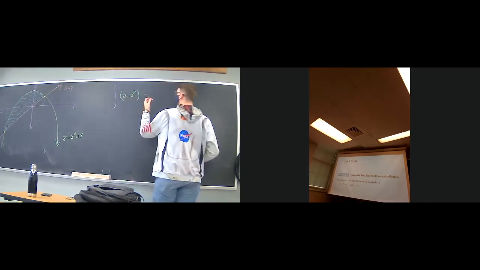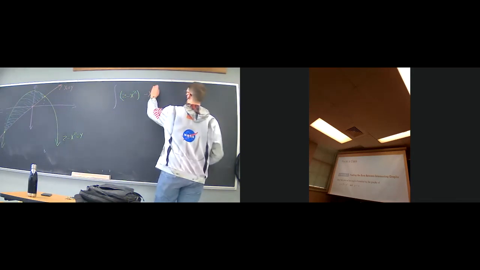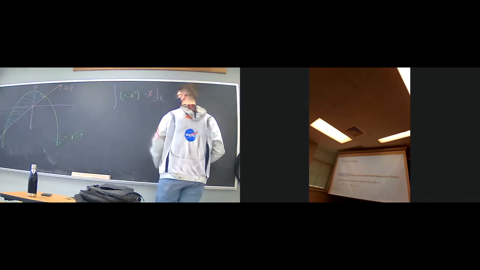Let's write it like this actually: 2 minus x squared minus x dx. Now the question is, what are our bounds? What is a and b here?